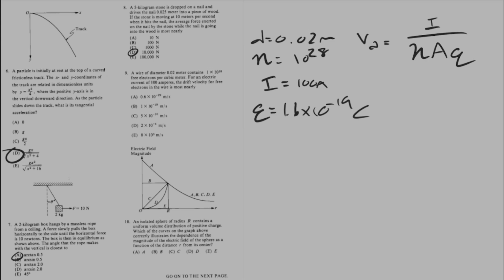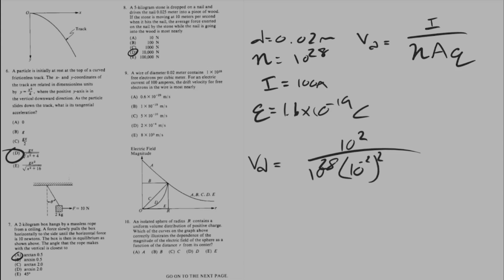So plugging things into this equation, it wants us to get what's the closest, and looking at the powers of 10, they're all quite far apart. So I'm just going to focus on the powers. So current, it's 10 to the 2. Then the number, that's 10 to the 28. Then the area, that's going to be 10 to the minus 2 squared.